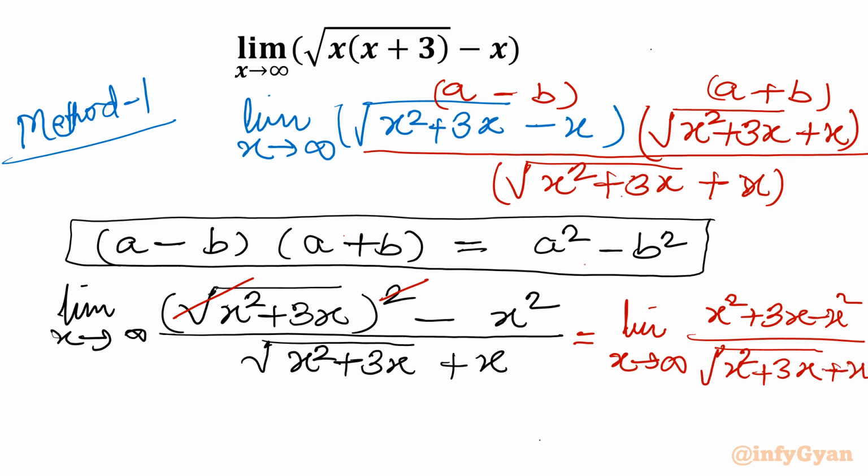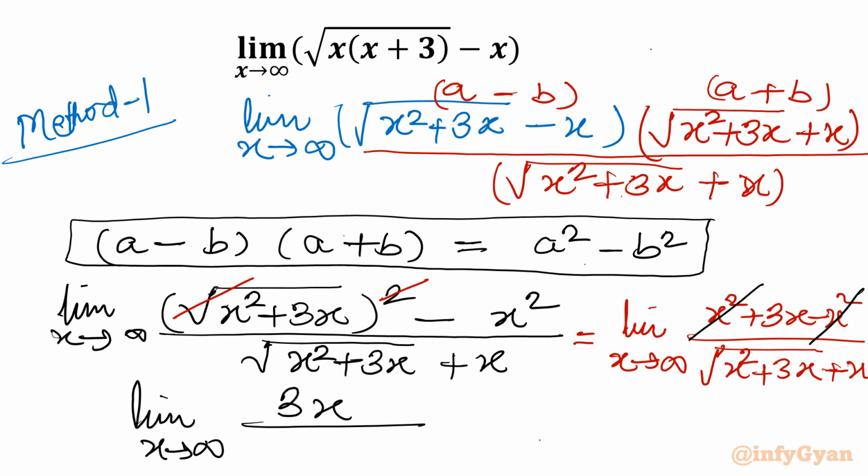Now you can see x square and minus x square, we can cancel these two. So what we can write after this? Limit x tending to infinity. It is left with 3x over square root x square plus 3x, square root closed, then plus x.